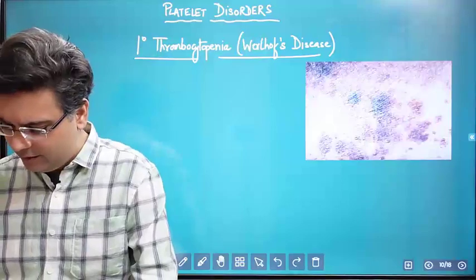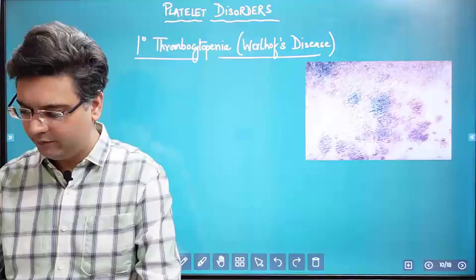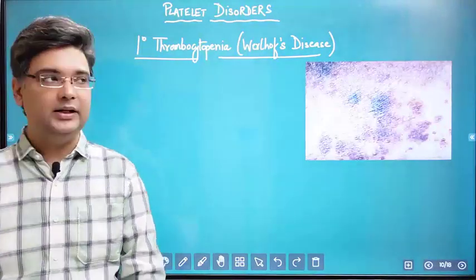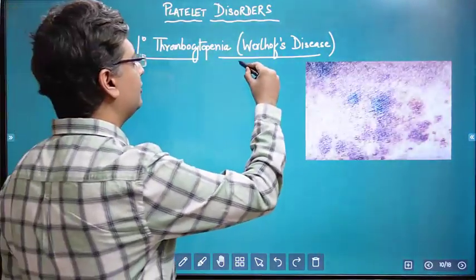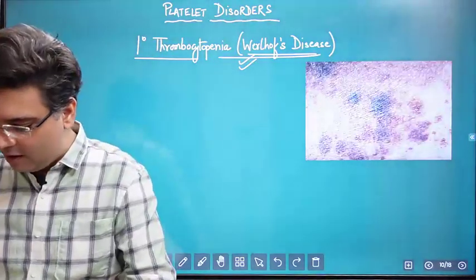Bleeding disorders. Now when we start talking about bleeding disorders here, we are talking from the oral pathology point of view, and the first one we are going to discuss is primary thrombocytopenia. Primary thrombocytopenia is also called Werlhof's disease.